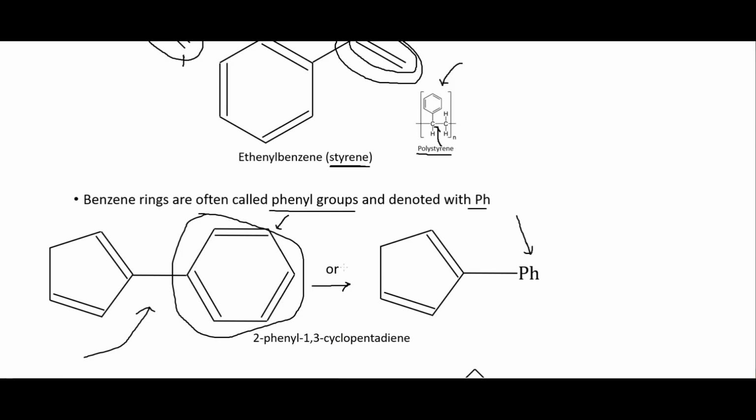But anyway, this would be called 2-phenyl-1,3-cyclopentadiene, and again, we are counting using these double bonds with priority. So 1, 2 here, or we can put it over here, 1, 2, where this phenyl group is on the second one, then 3, 4, 5, and so that's why we have the 1,3 cyclo, and then this is a 5-member ring, so it is penta, and then it's two double bonds on it, so it is a diene.